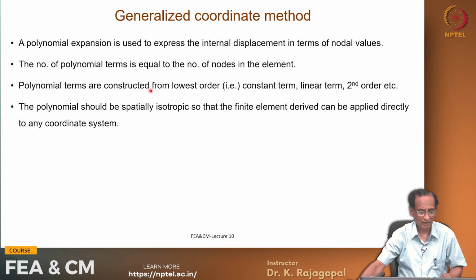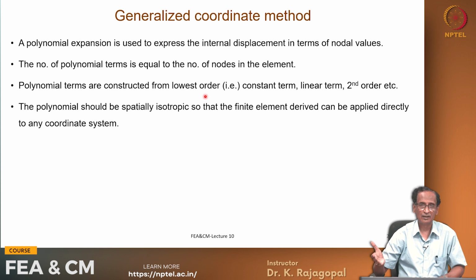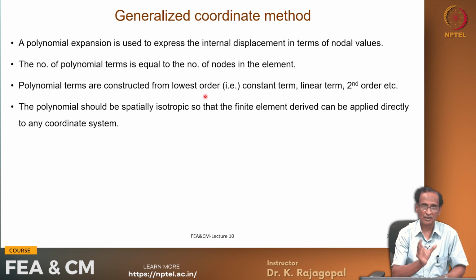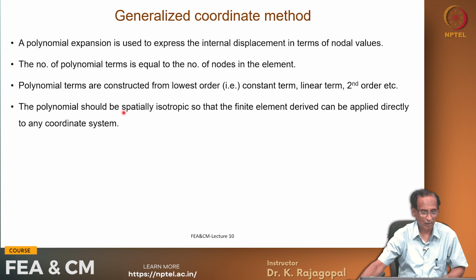The polynomial terms are constructed from the lowest order, and as we go further we add higher order terms, like first a constant term, next a linear term, and then the quadratic term, cubic term, and so on. And the polynomial should be spatially isotropic, so that the finite element derived can be applied directly to any coordinate system.